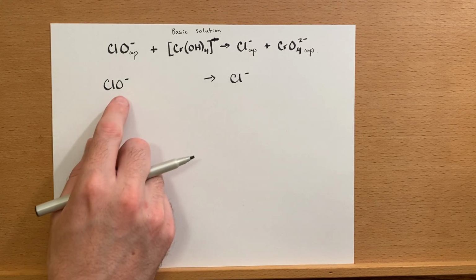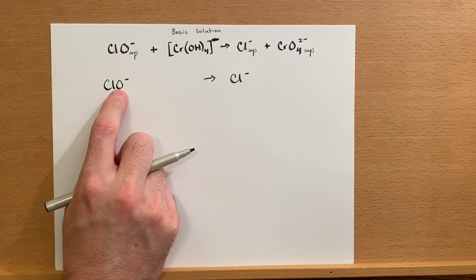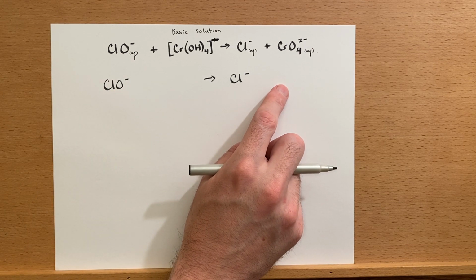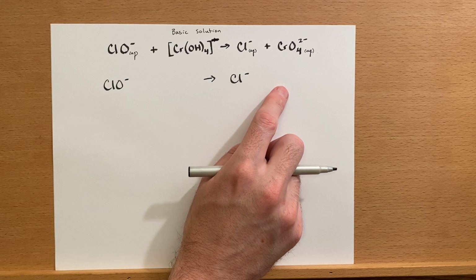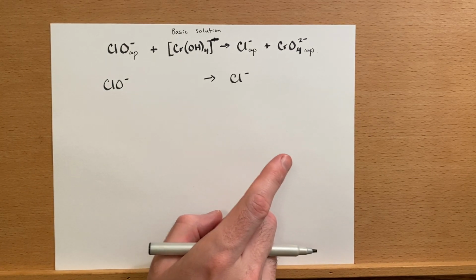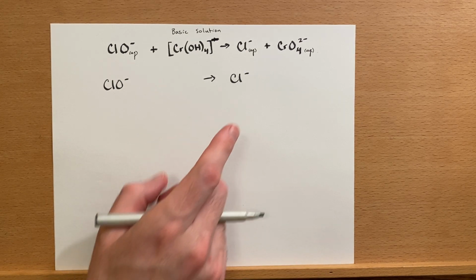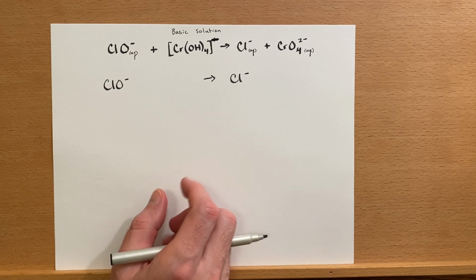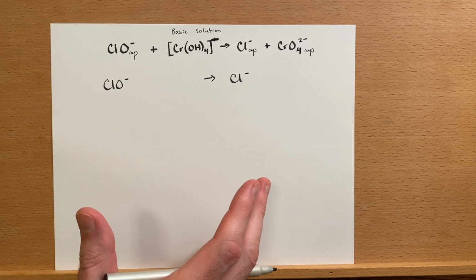So, you'll notice that I have an oxygen on this side, and I don't have an oxygen on that side. So what do I do? Now, keep in mind that in this case, I can add water and I can add hydroxide to my equation. Now, which one has more oxygen on it?